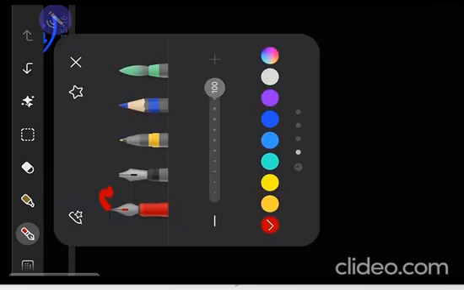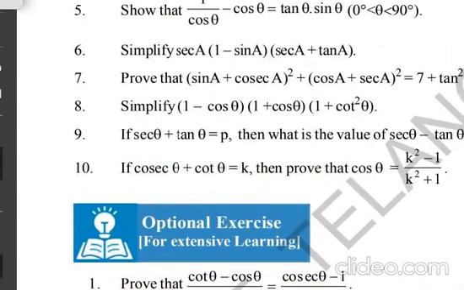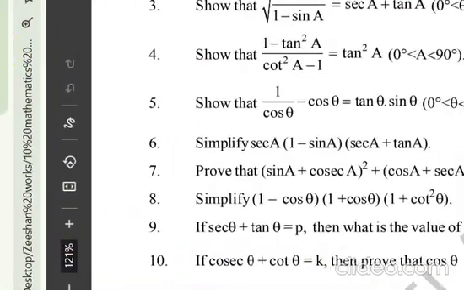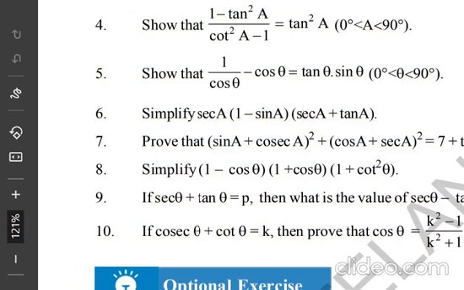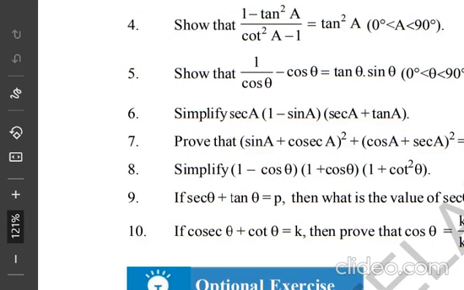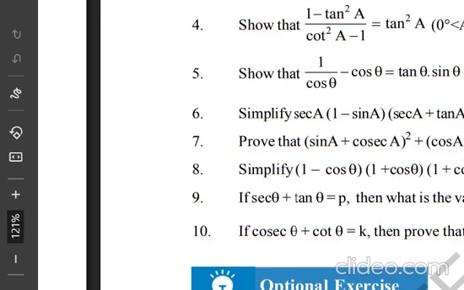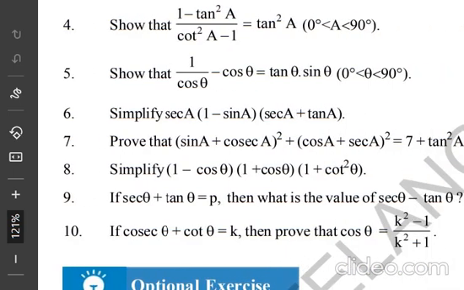So next one. Question number 9. Question number 9 is simple.